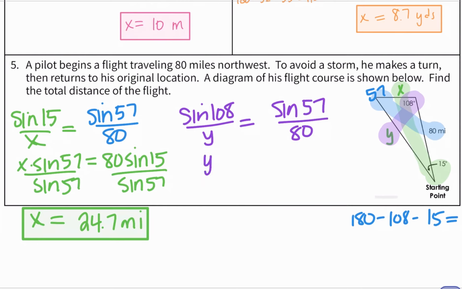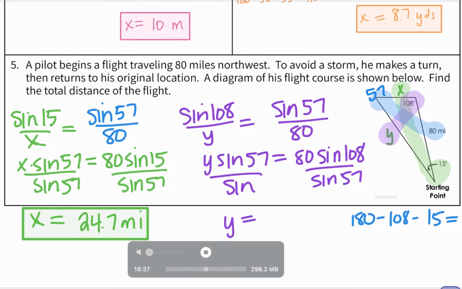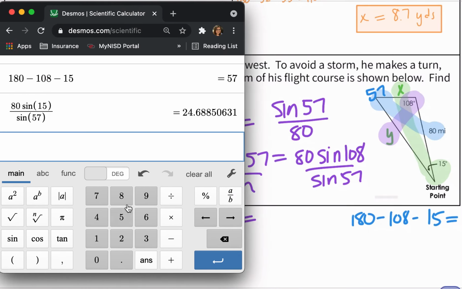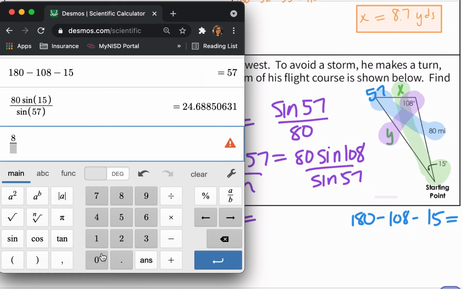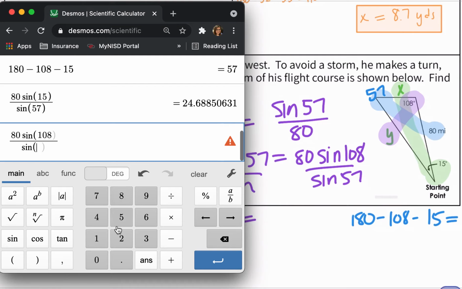Let's do our cross multiplying. y times sine 57 equals 80 times sine of 108. Divide by sine 57. And then we would get y equals 80 times sine of 108 over sine 57. That gives me 90.7.